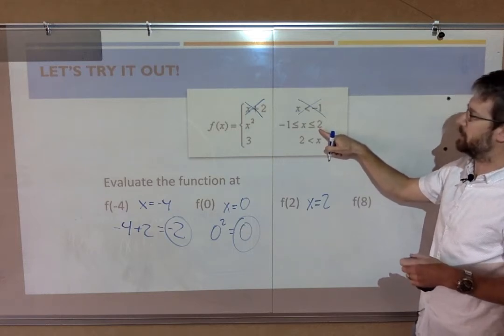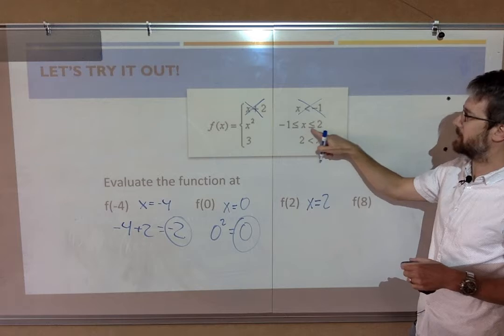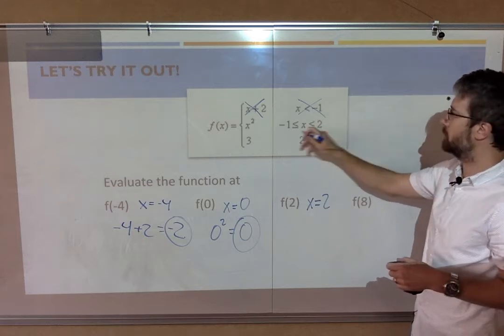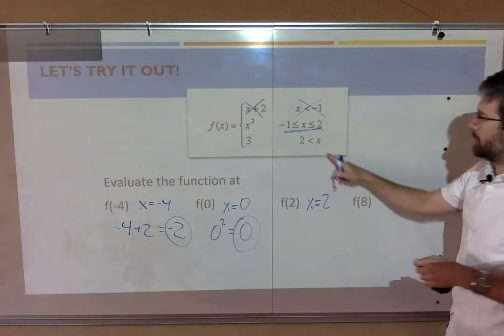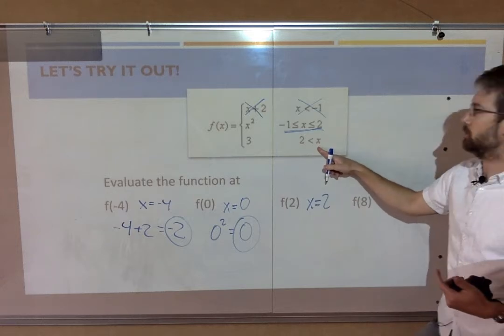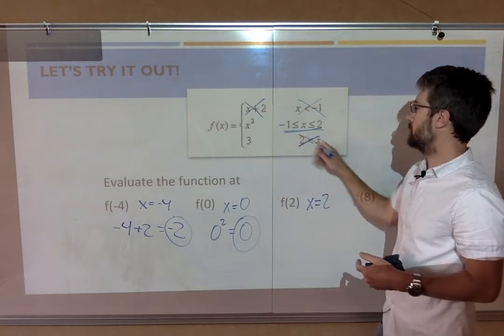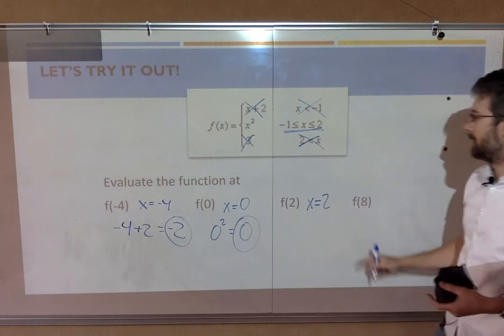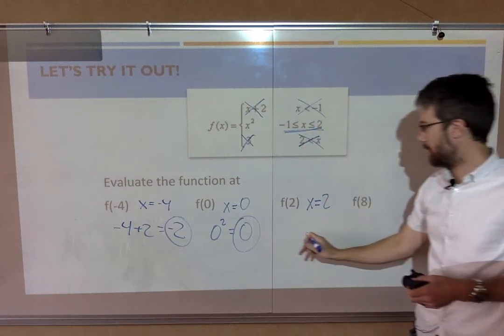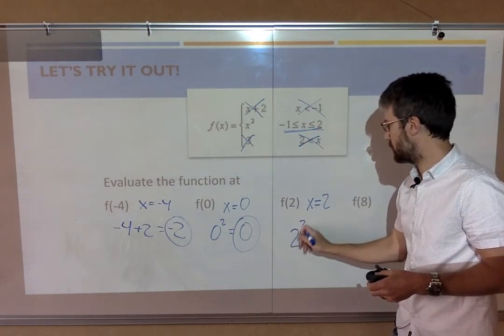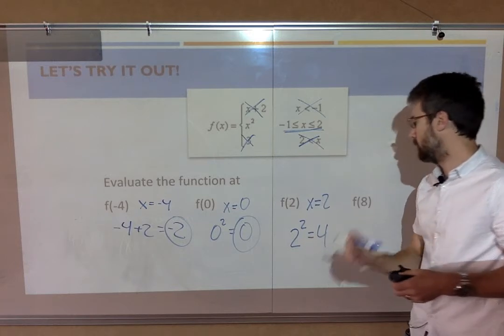So it actually fits into here because this is where x is less than or equal to 2. X is not greater than 2. 2 is not greater than 2, so it's not that one, right? So we're plugging into the middle again. So this one is going to be 2 squared, which is 4.